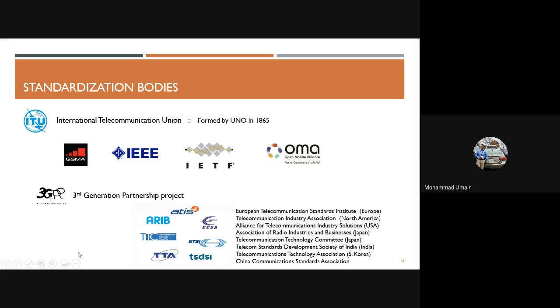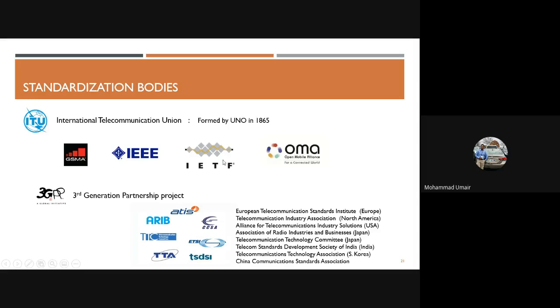When 4G came, 3GPP developed LTE, and IEEE came up with WiMAX. But due to performance reasons or international acceptance by companies, LTE became more popular, and WiMAX did not pick up that much.